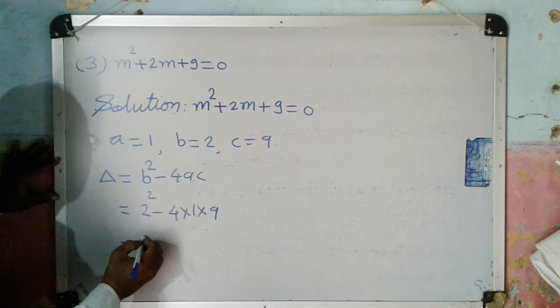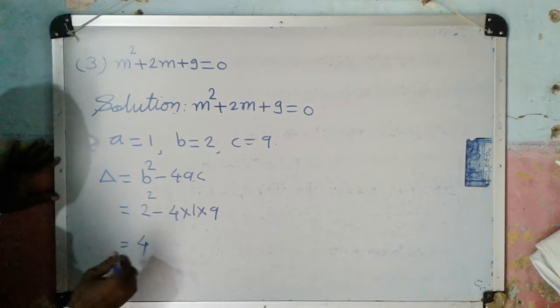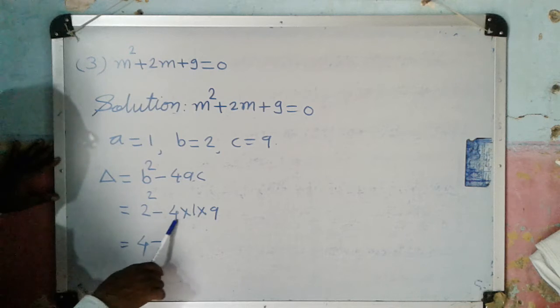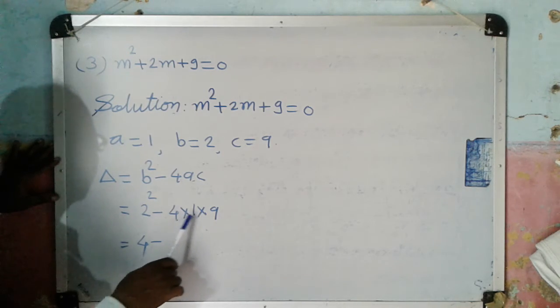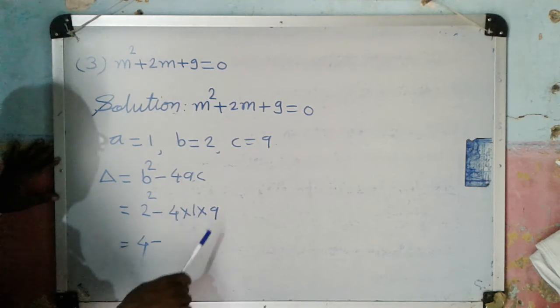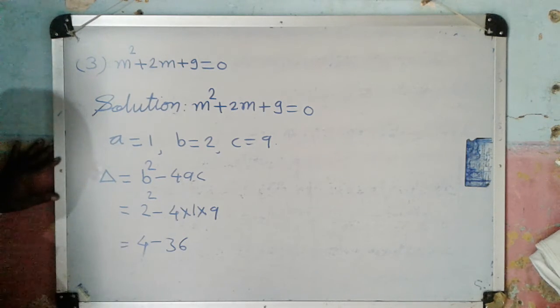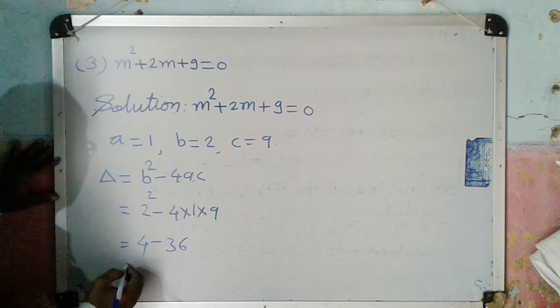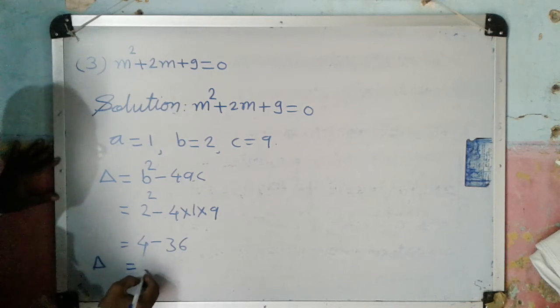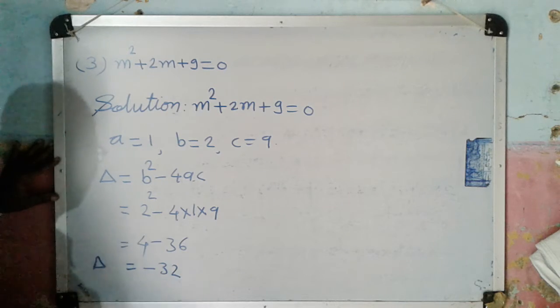Is equal to 4. 2 square is equal to 4 minus 4 into 1, minus 4 into 9 we get minus 36. And here we get the value of delta is equal to 4 minus 36, we get minus 32.